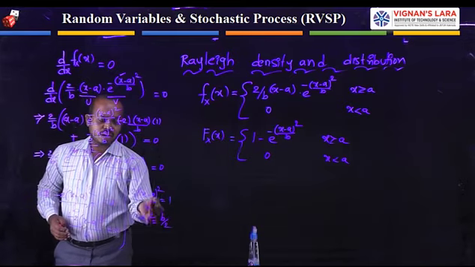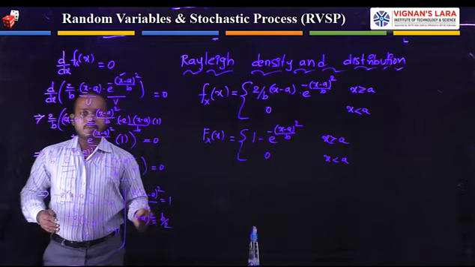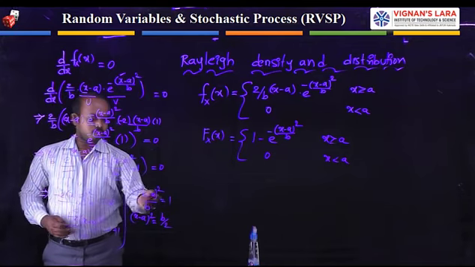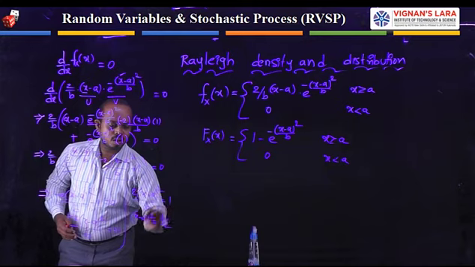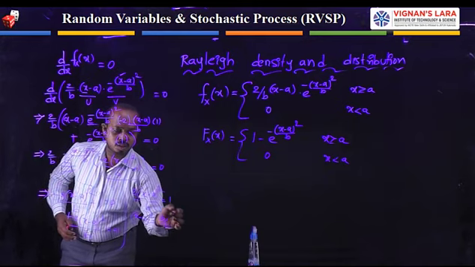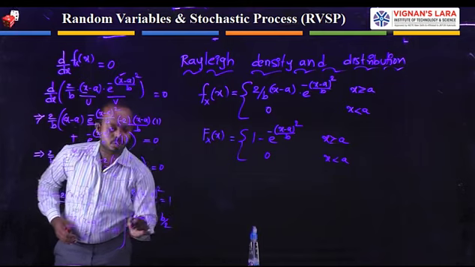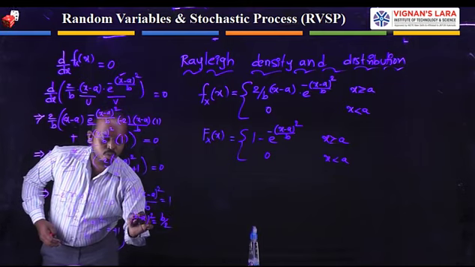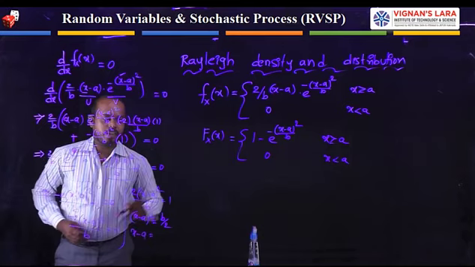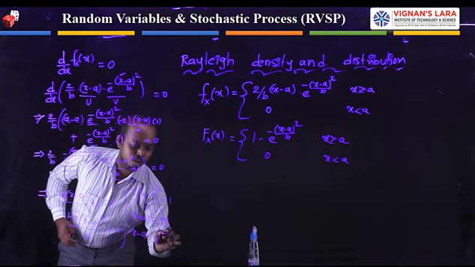Then here we have a squaring term. Suppose we move this square to the other side, it becomes a square root. I am taking the square root on both sides, then x minus a is equal to square root of b by 2.